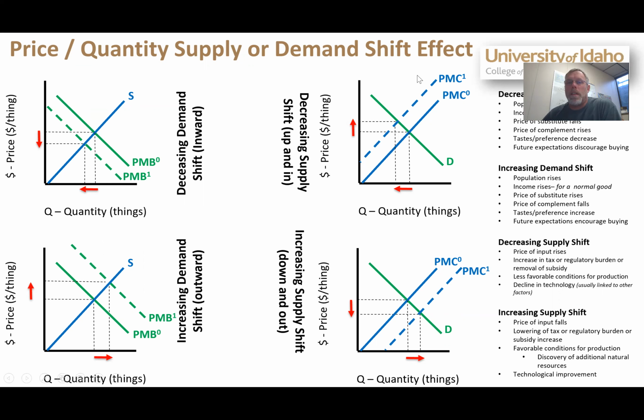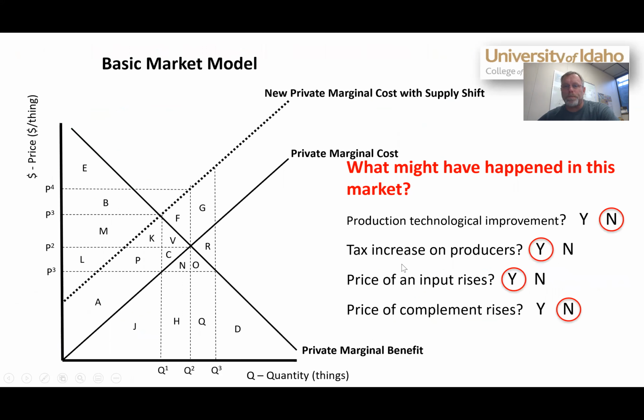And then in the middle here, we have a decrease in supply, the supply curve up and in, and we see prices rising and quantity falling, or an increase in supply down here where we see price falling and quantity increasing. So this may be a good slide for you to think about what these things are and how those shifts occur and what's happening for your notes.